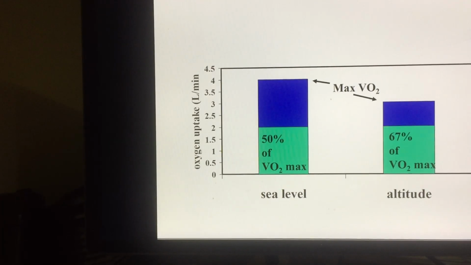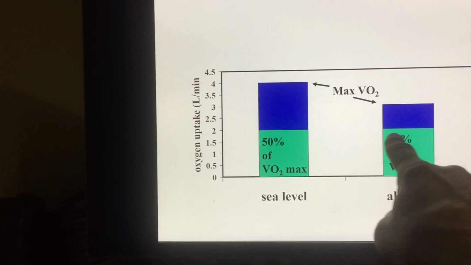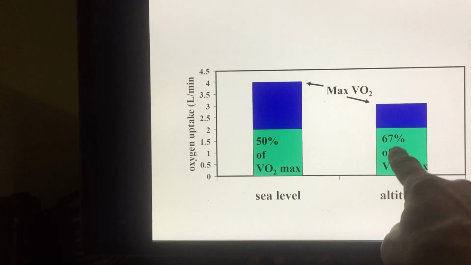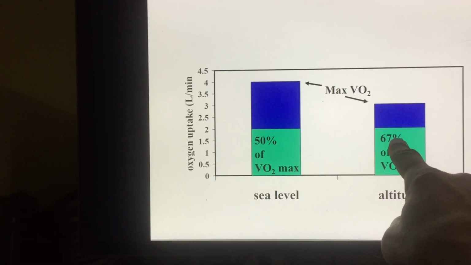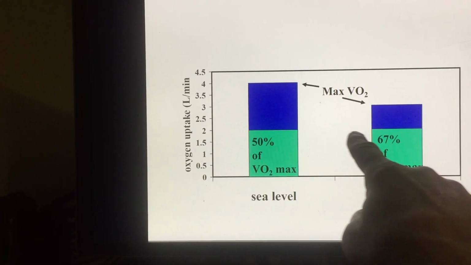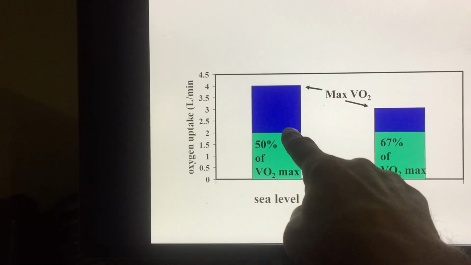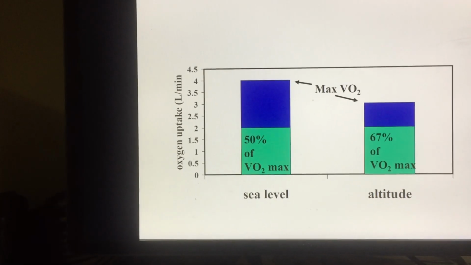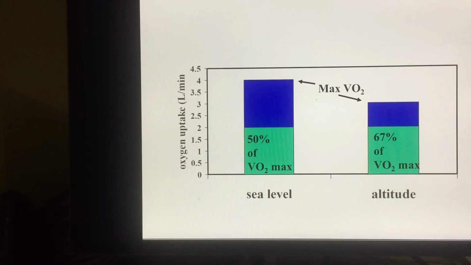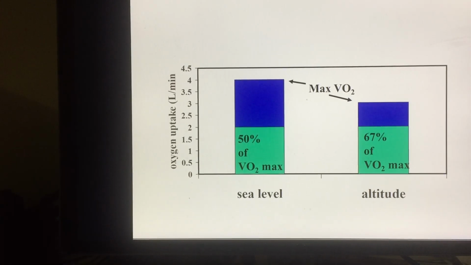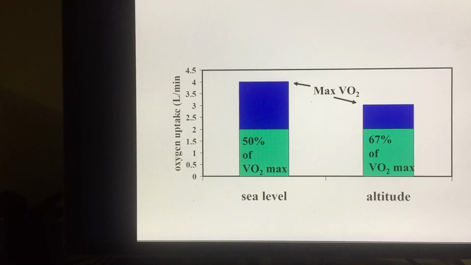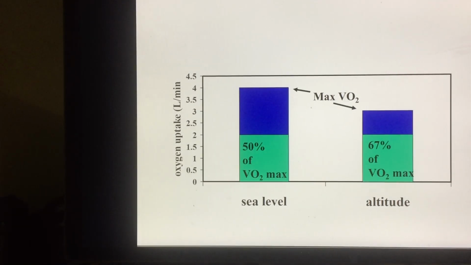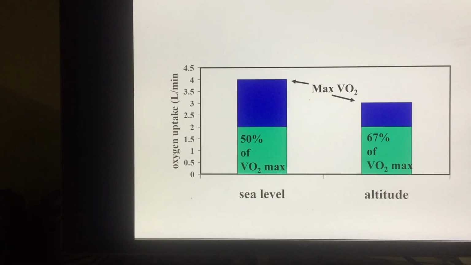So for the same level of VO2 at altitude, you're working at a greater percentage of your VO2 max, and a lower percentage of your VO2 max if you're working at the same VO2 at sea level. So at altitude, any submaximal exercise will feel more difficult just because you're working at a greater percentage of your VO2 max.